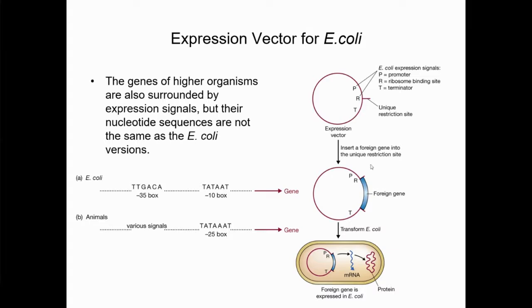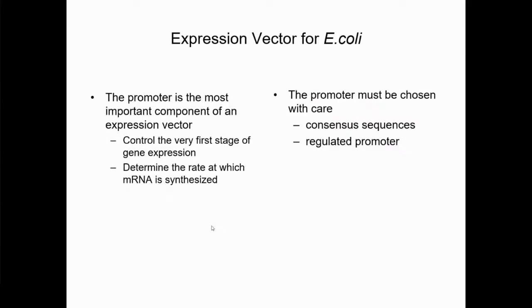For E. coli, we know the promoter has the -10 box and -35 box, the TATA box, and for the eukaryotic cell, the -25 box. These are the strong promoters.